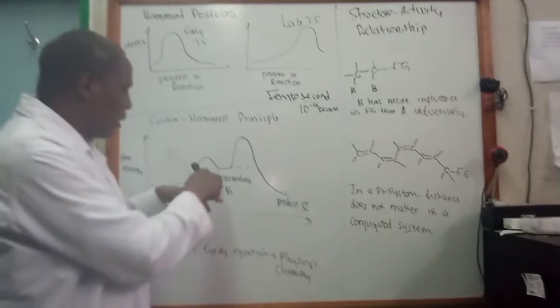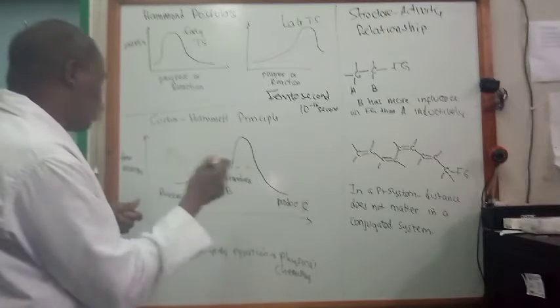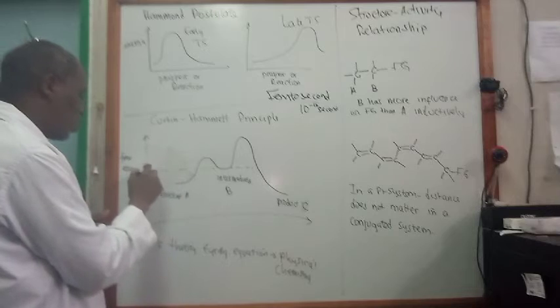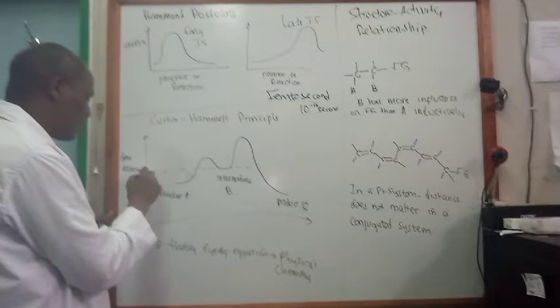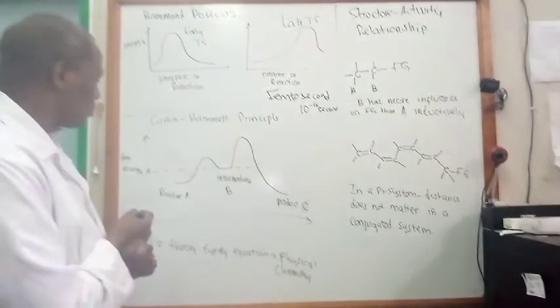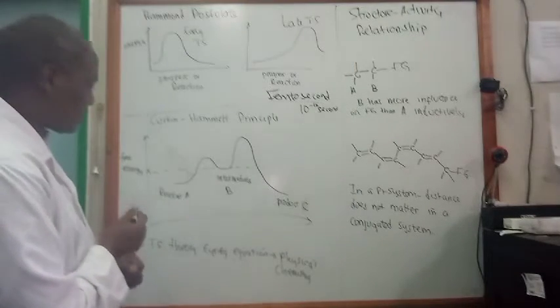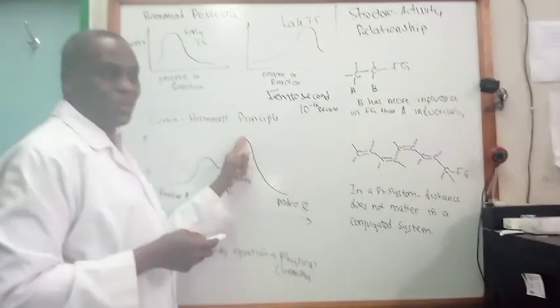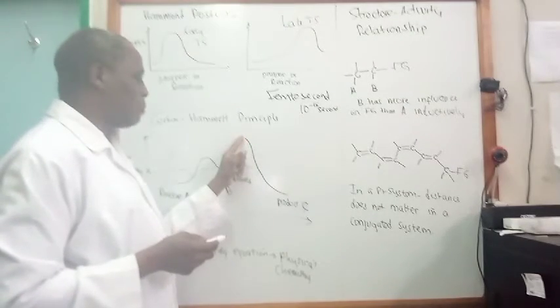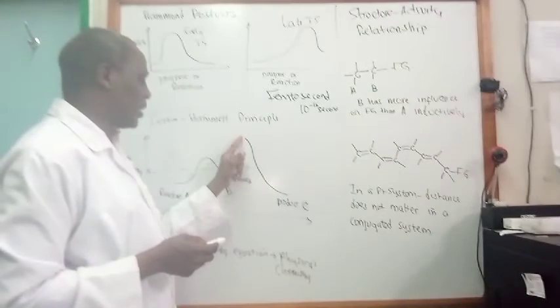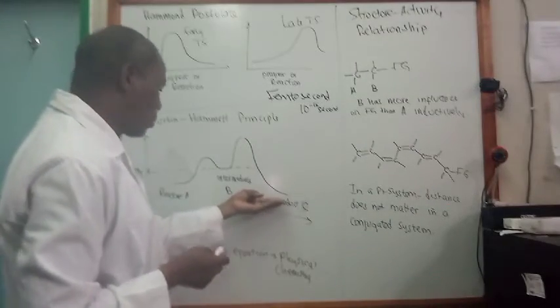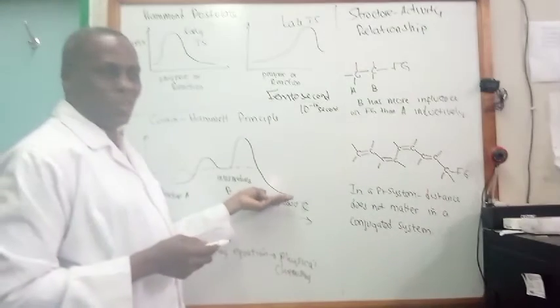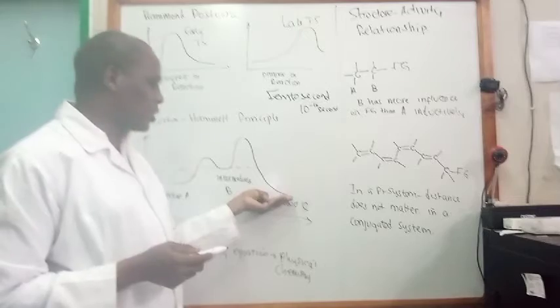What can you see? Probably B has got a certain energy which I'm going to call probably maybe X. Okay? And then what can you see here? There is a large activation barrier here, activation energy, to give a product C, which is thermodynamically more stable.